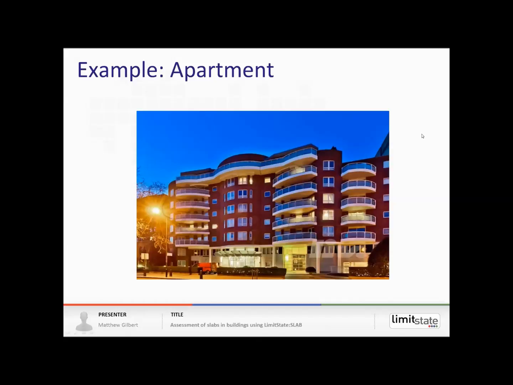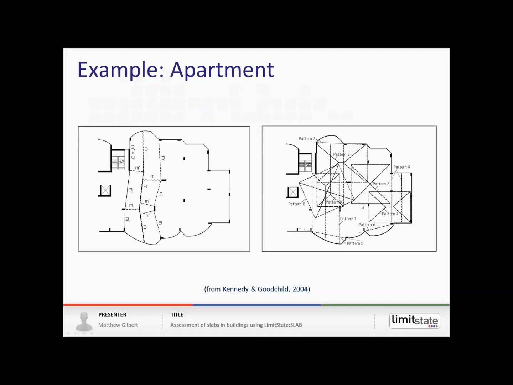Moving on to a real-life example. This is an apartment block in London, and I don't know if you can see from the facade, but it has quite a complex external facade in terms of geometry.